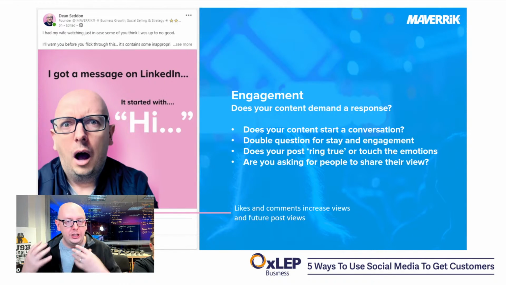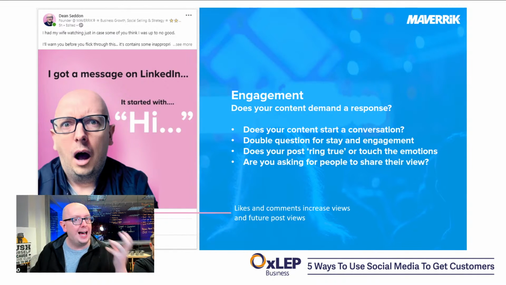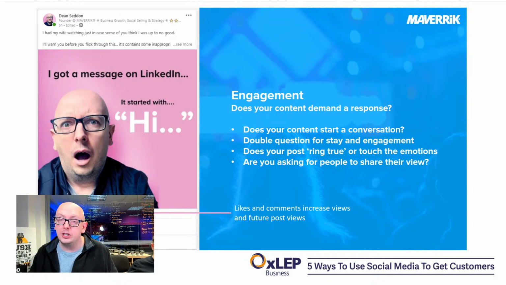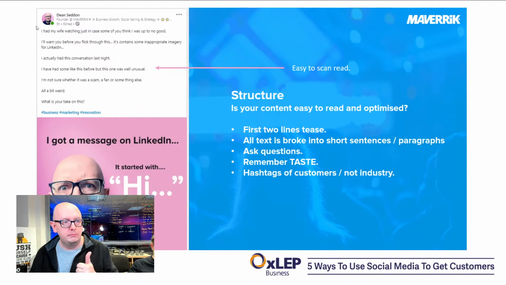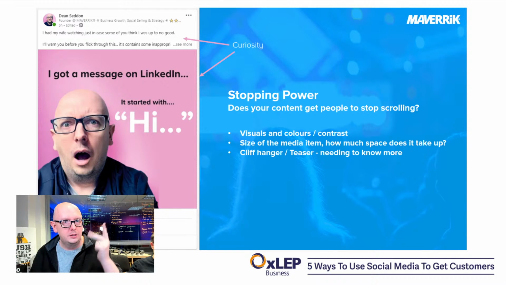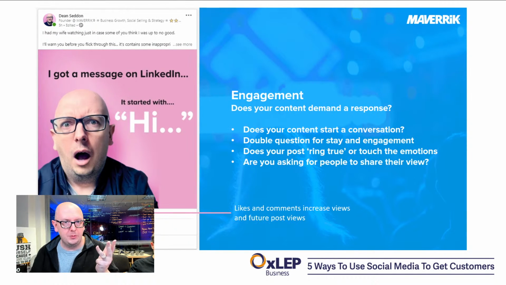So you need to write posts that encourage people to like and comment, because social media platforms judge a post's success by dwell time, how long people stay on the post, and likes and comments, and how many people like and comment. More likes and comments and more dwell time, more people see it. Very, very simple principle. So just to recap this one: structure, stopping power, staying power, engagement.